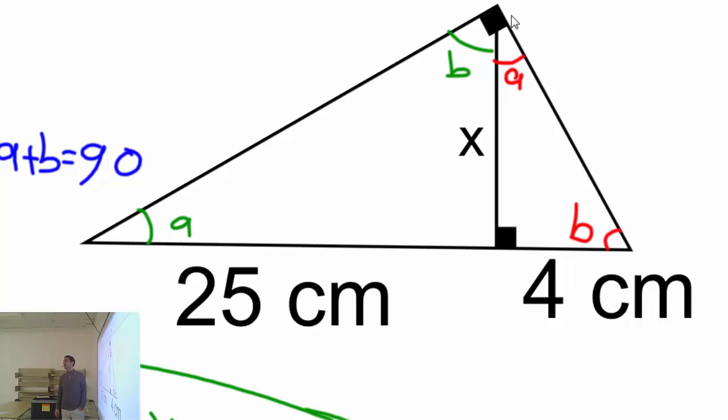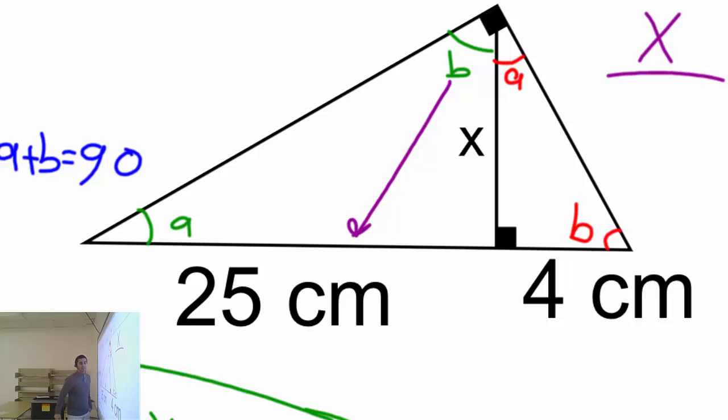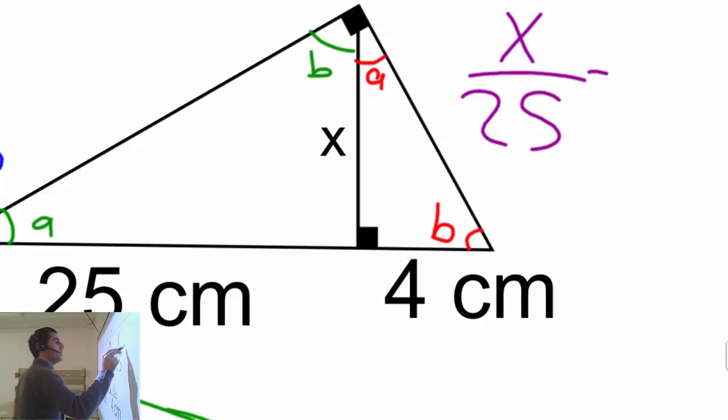And now let's have the ratio. We are looking at similar triangles here. Across from A is X, divided by across from B is 25. 25 equals, now let's just look at the small triangle.